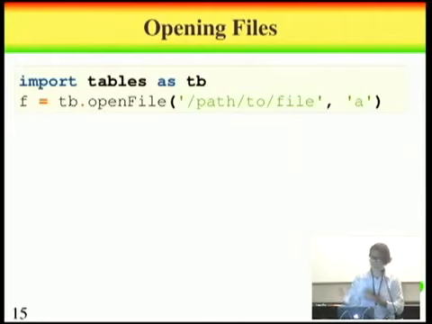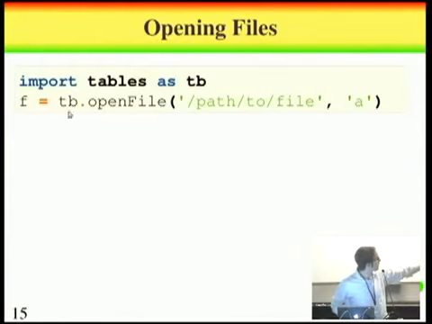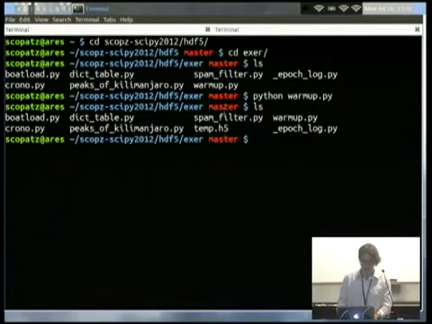Okay, so how do you open one of these files? Well, there's an open file function for that. So here, if you go to IPython, you can just import tables, and I'm typically going to import that as TB, and open up any file. Well, we made an exercise file, so why don't I go ahead and open that in my terminal here.